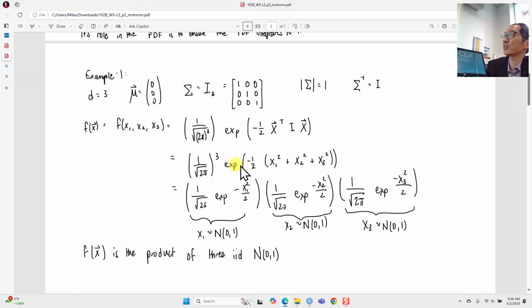And because e raised to a sum is the product of these things, this will just factor into a standard normal for x1 times a standard normal for x2 and a standard normal for x3. And so our density function is just the product of 3 independent standard normal densities. Whatever values you have here, we just take the product of them, and that would be our joint density.